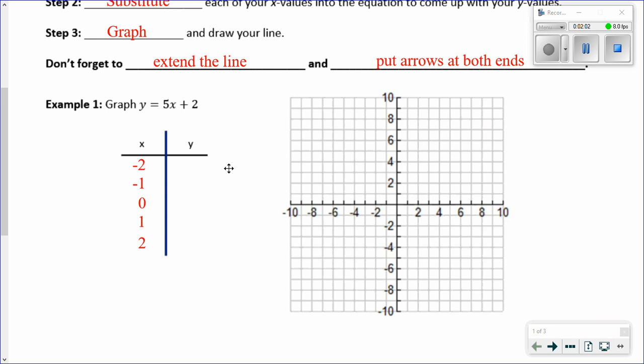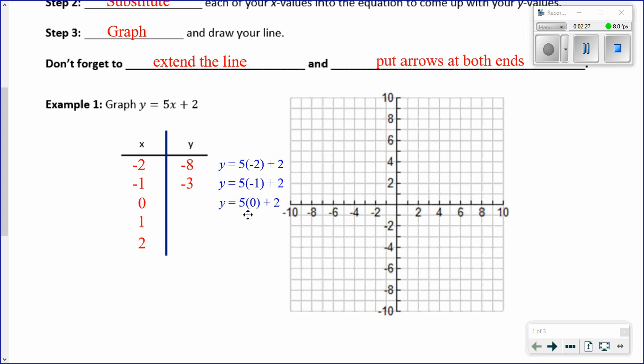Now I'm going to go ahead and plug these in. I plug in -2 for x, so that means y will equal 5 times -2 plus 2. I do the math. 5 times -2 is -10 plus 2 will give me -8. Then I do the next one. Plug in -1. 5 times -1 gives me -5 plus 2 gives me -3.